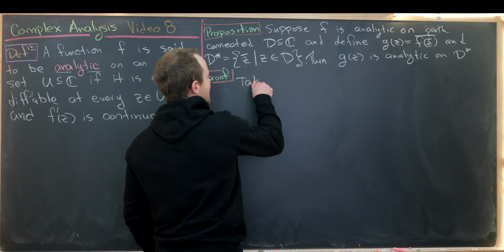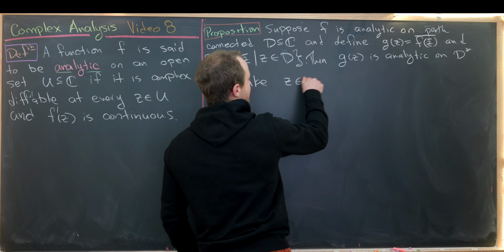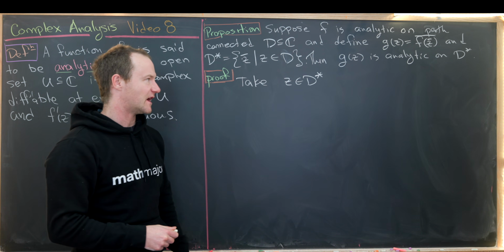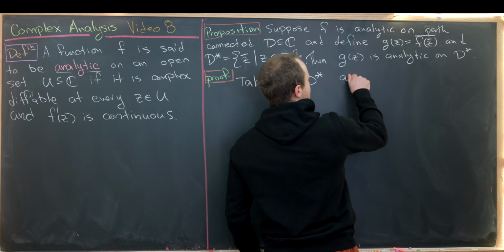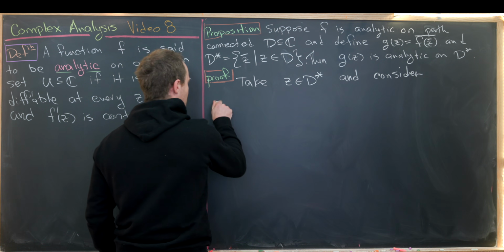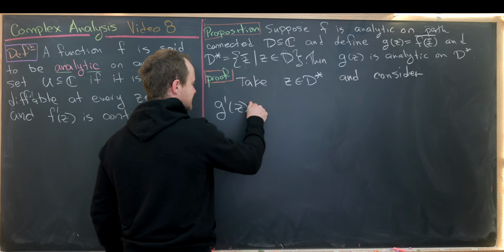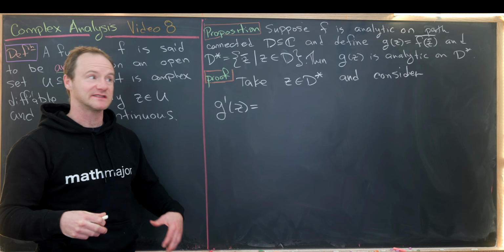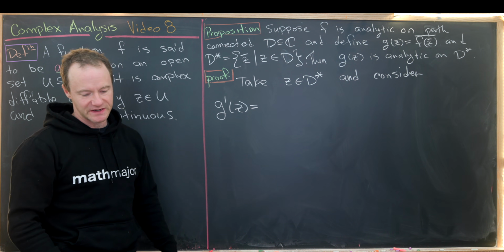So let's take any z from D star and look at the limit that will define the derivative. I'll just start by saying g prime of z, although the understanding is that this does not exist unless the limit in the limit definition exists.